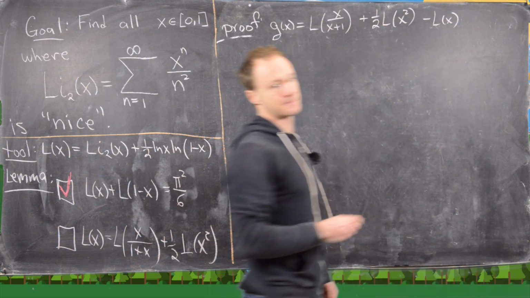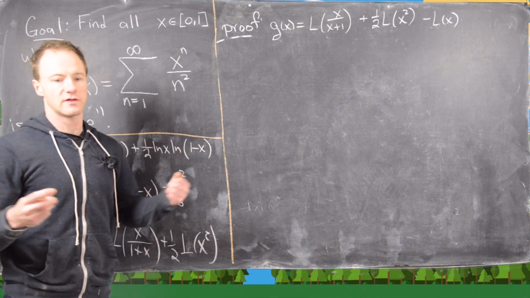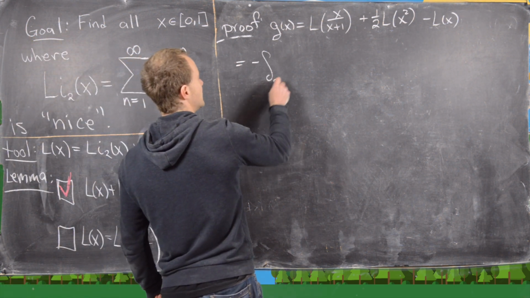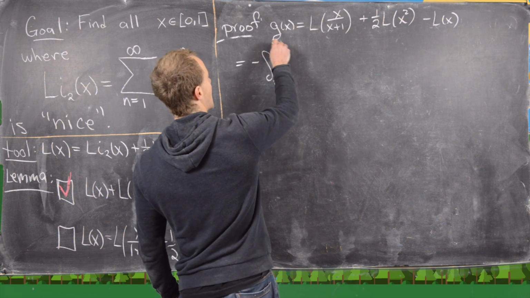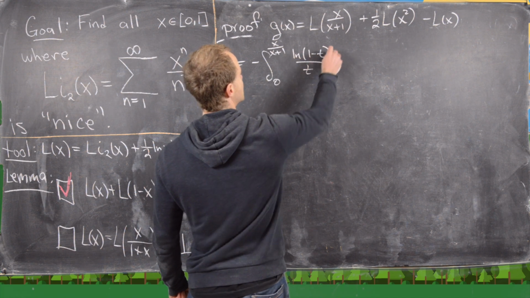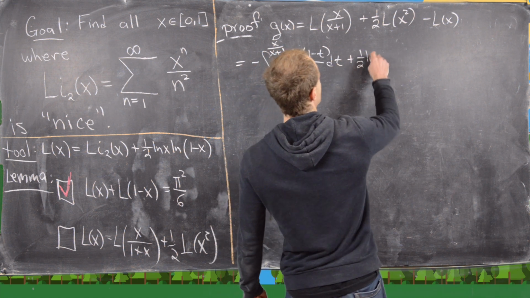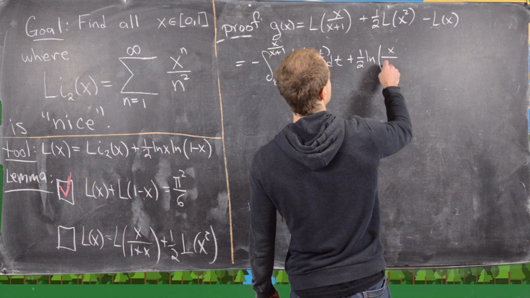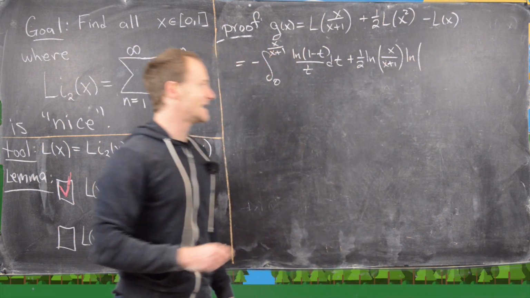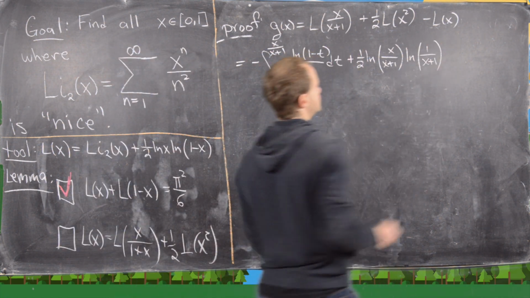Okay, so let's write that out in terms of the dilogarithm and its integral formulation. So notice this is going to be minus the integral from 0 to x over x plus 1 of natural log of 1 minus t over t dt plus 1/2 natural log of x over x plus 1 natural log of 1 minus x over x plus 1, which is going to be 1 over x plus 1.